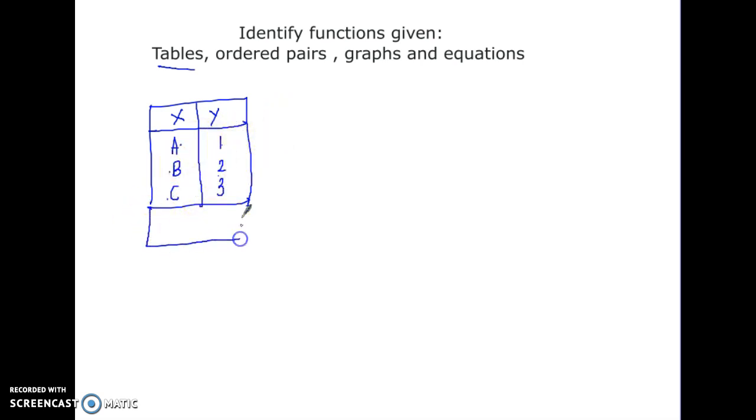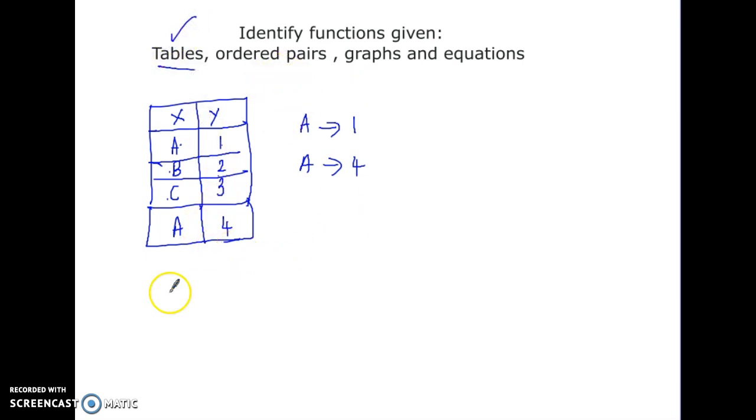What if I had an extra element here and I had a repeated again and it was 4? So a is connected to 1 here and a is also connected to 4. If that's the case, this table is not a function. That's how we identify functions given tables.